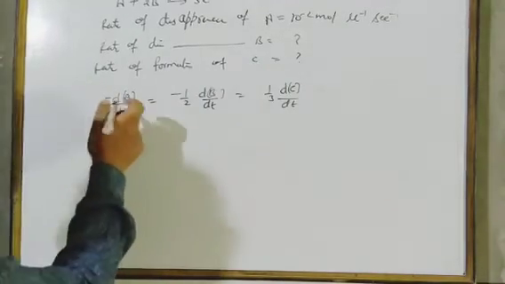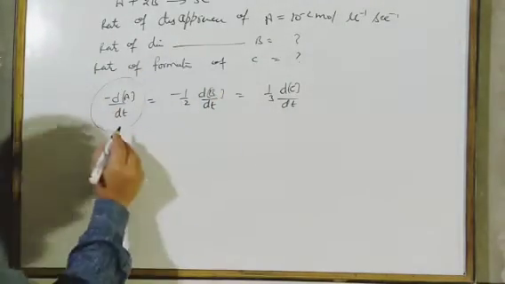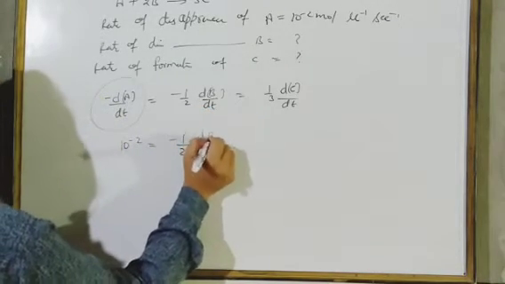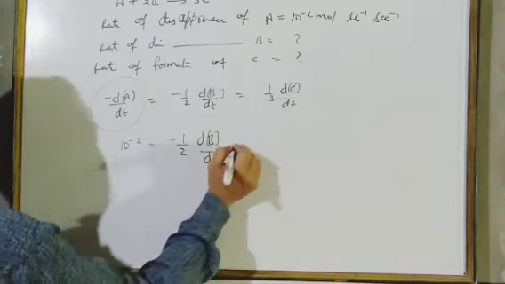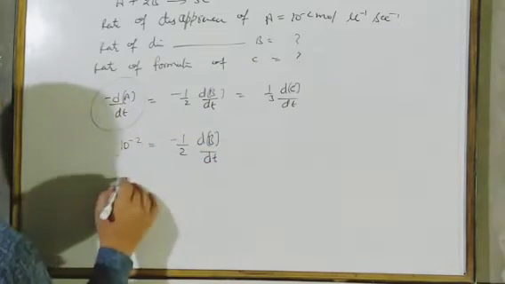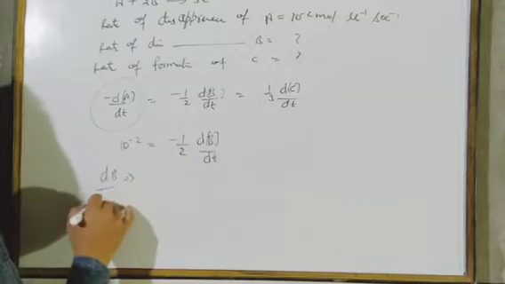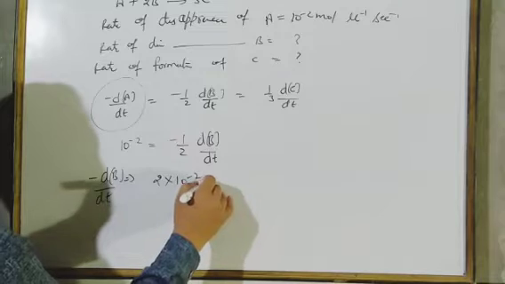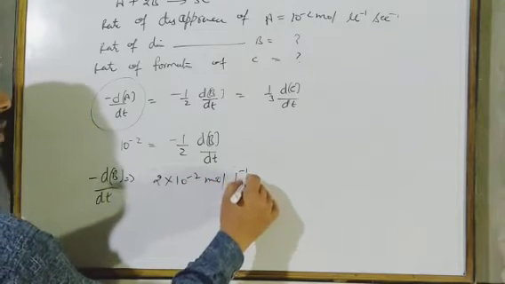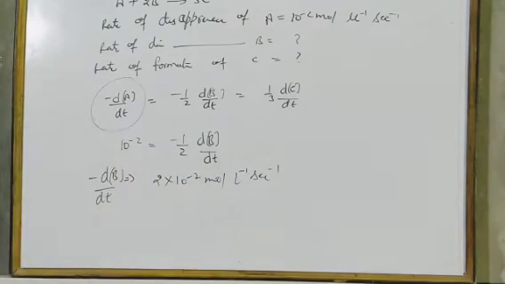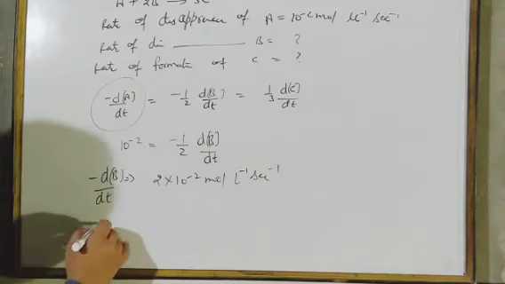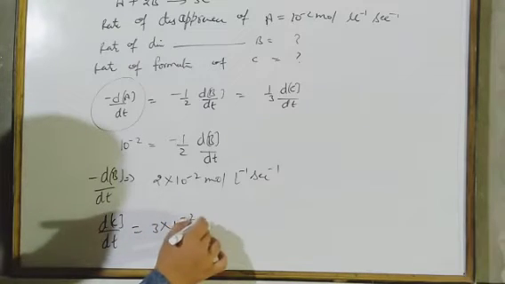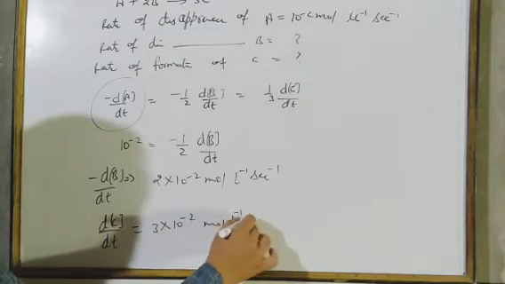So we have the rate of disappearance of A as 10 raised to power minus 2. We have to find the rate of disappearance of B, which is d[B] over dt, equal to 2 into 10 raised to power minus 2 mol per liter per second. Similarly, the rate of formation of C will equal 3 into 10 raised to power minus 2 mol per liter per second.